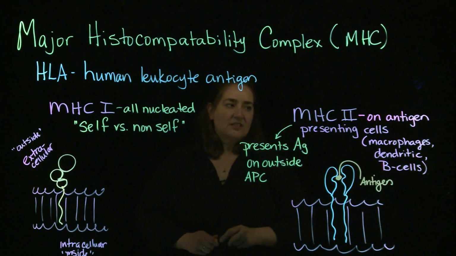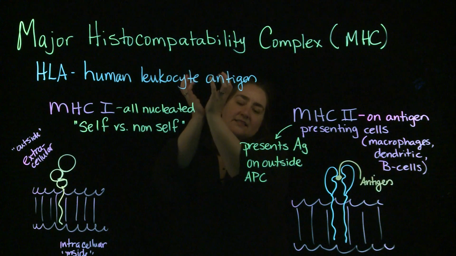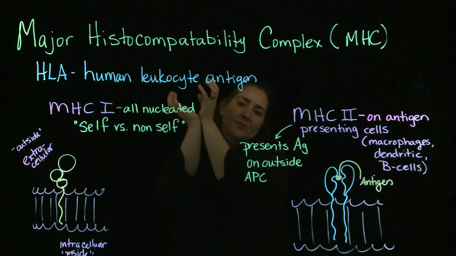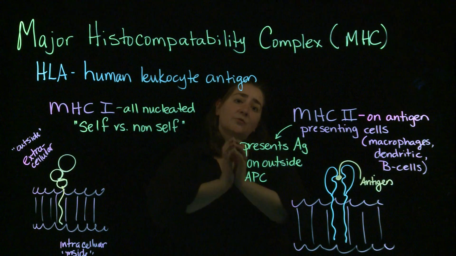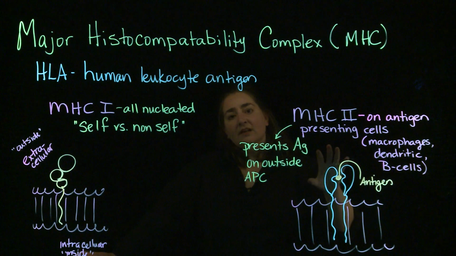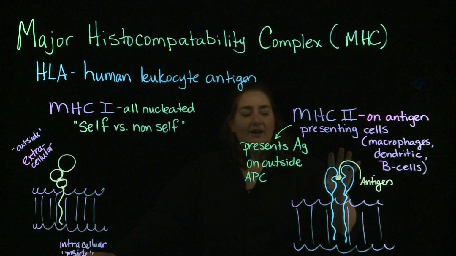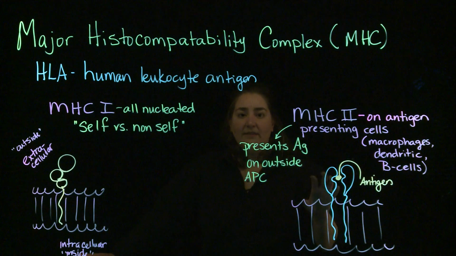What that MHC2 does is it sticks that protein up on the outside of the cell membrane. And then when other immune cells come along, those other immune cells send the signal as to whether or not that particular antigen is something that needs to have an immune response triggered or not.